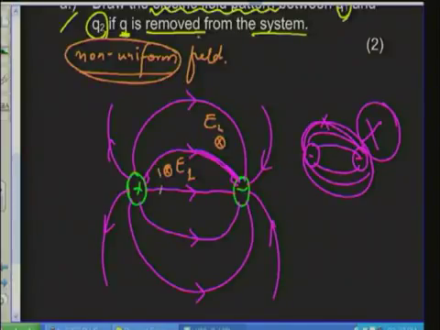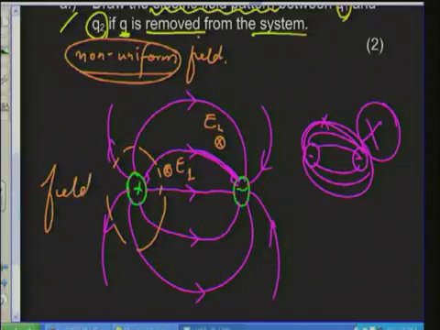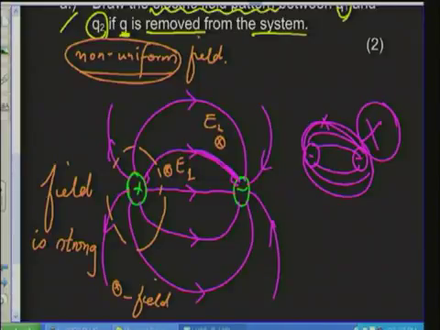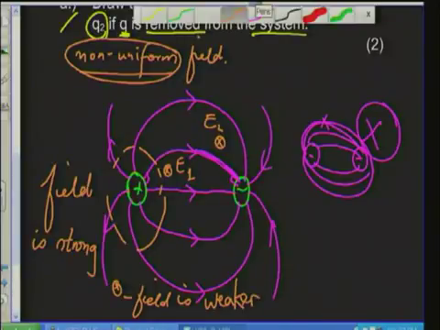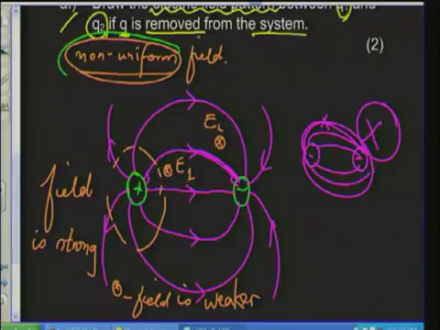Closer to the charge, the field is strong. So we've got a strong field. But further away from the charge, say at this point here, the field is weaker. So here we have what we call non-uniform field. Okay. So that's what we have.